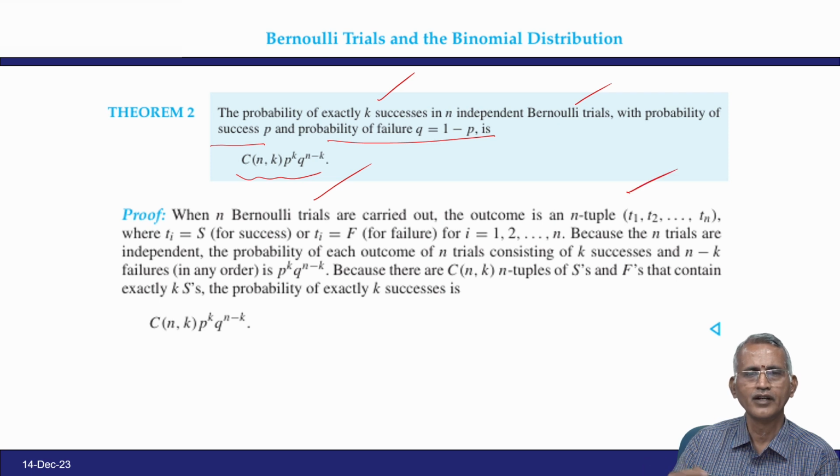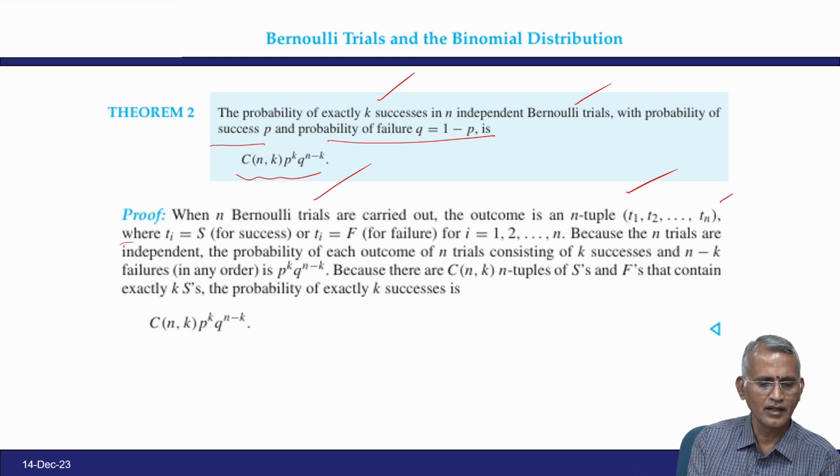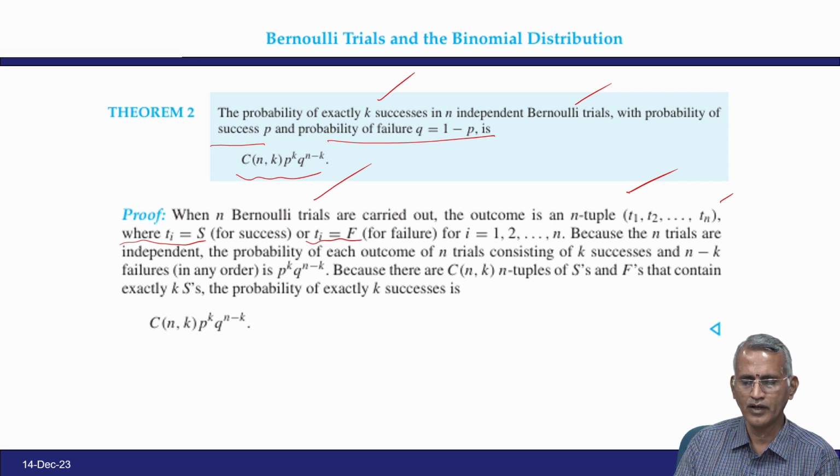The outcomes of n-tuple can be written as T1, T2 and so on Tn, where Ti equal to S for success or Ti equal to F for failure, for i equal to 1 to n.